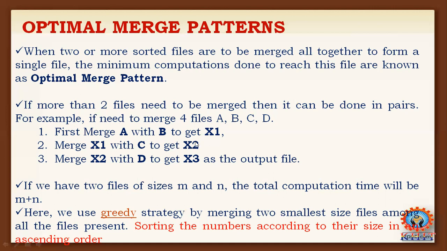X2 is another merged file generated by merging X1 and file C. And only one file is left over. Next, we can merge the leftover file D with the available merged file X2. The result will be stored in X3 merged file.